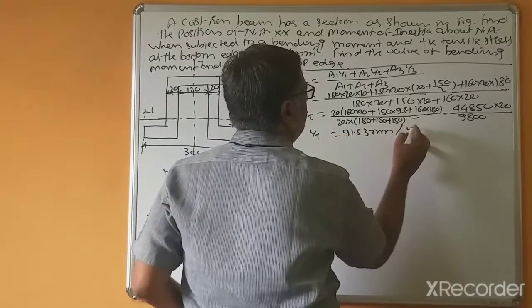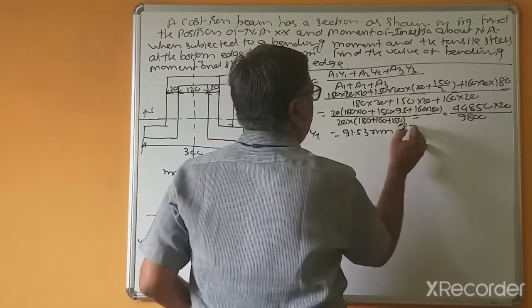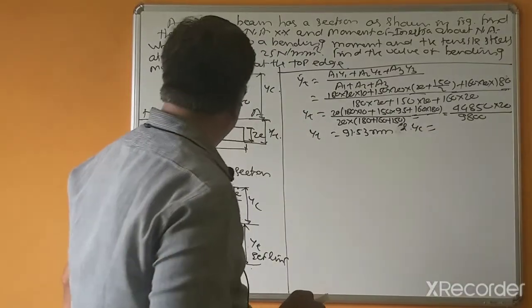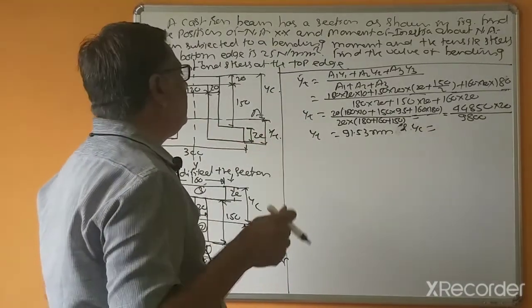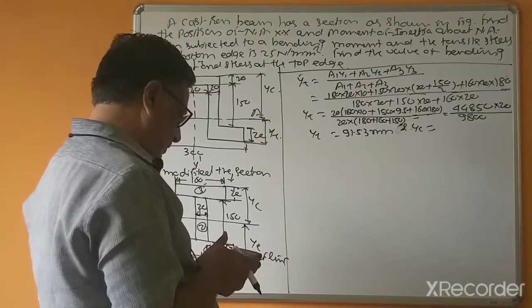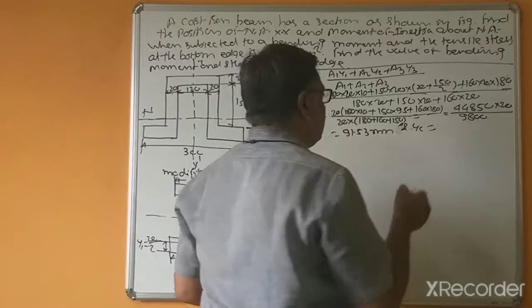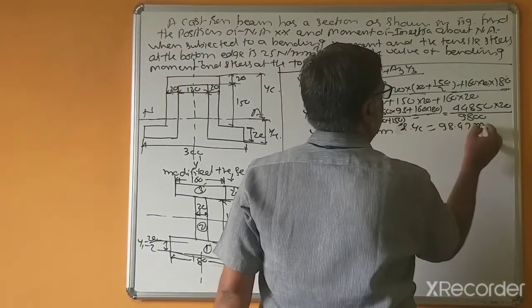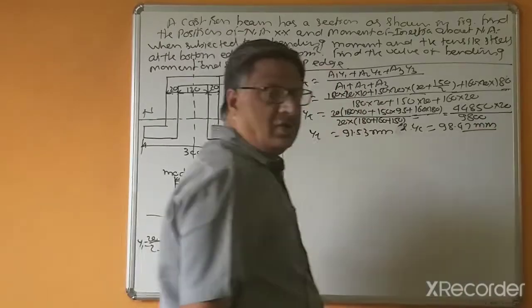and YC equal to total 190 minus 91.53. This is 98.47 mm. Right?